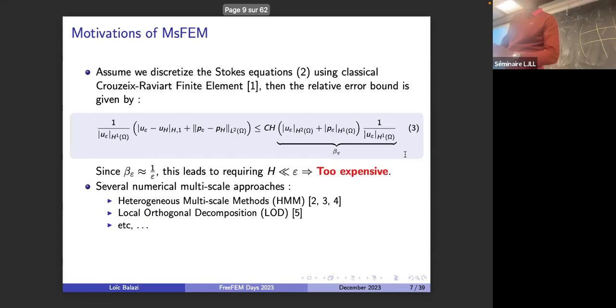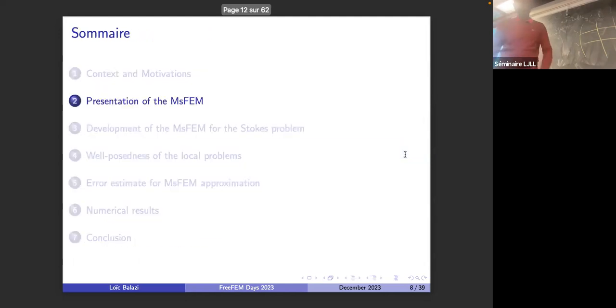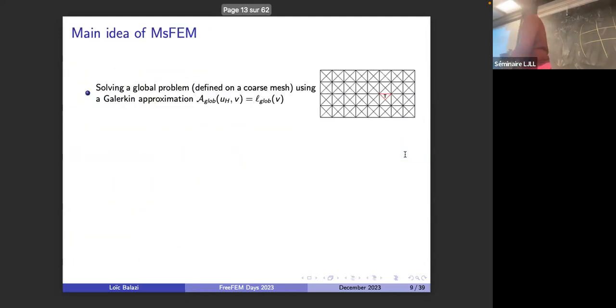numerically. So several numerical multi-scale approaches have been implemented in the literature. We can cite homogenization or LOD. In this work, we focus on the multi-scale finite element method. So what is this method? It solves a global problem defined on the coarse mesh using a Galerkin approximation, classically.